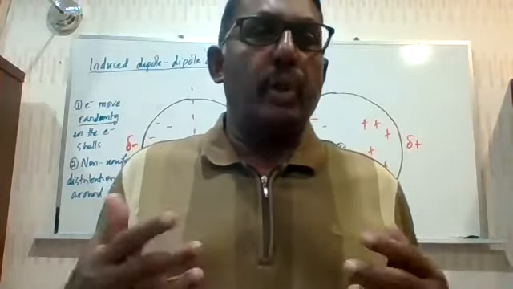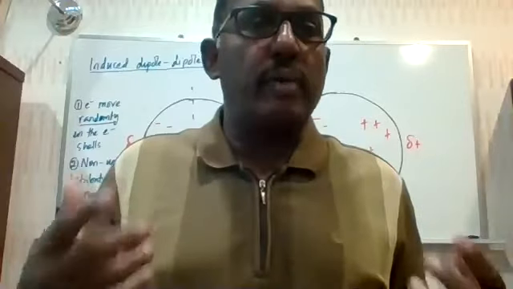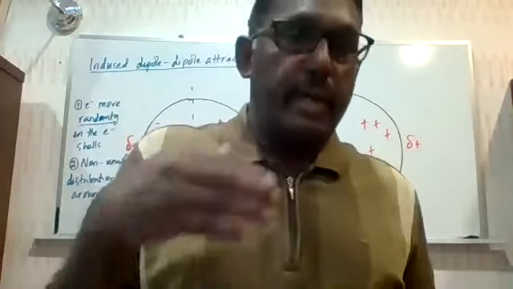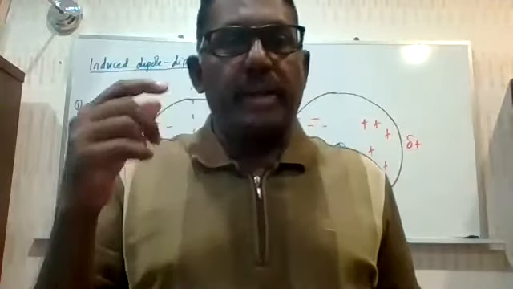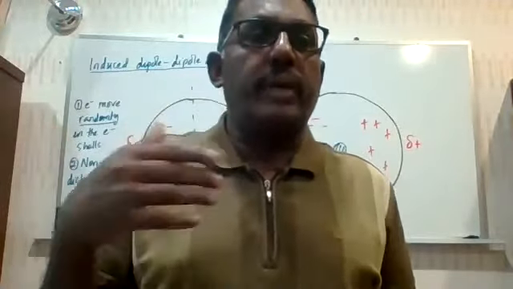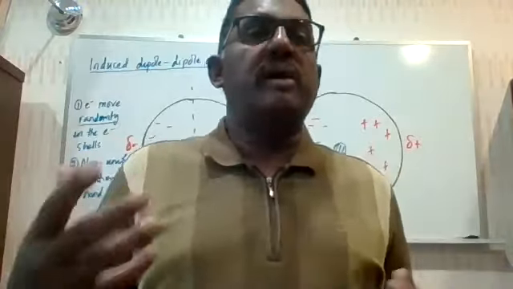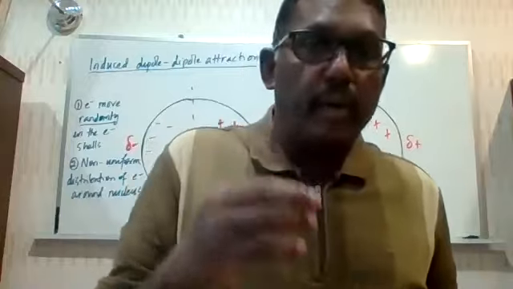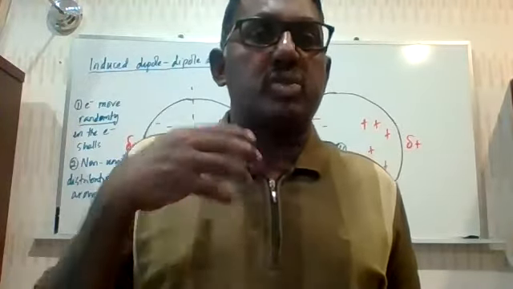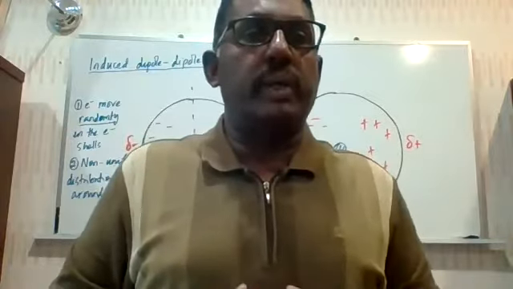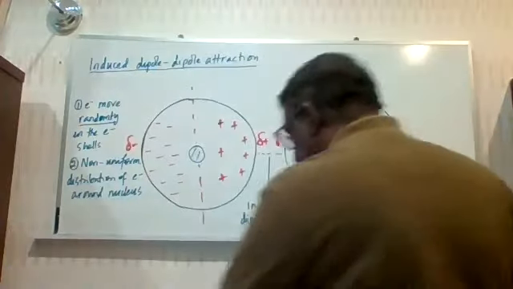The randomness or non-uniform movement of these students will be more pronounced if you have more students moving around you. Let's say now 50 students moving around you. Compared to 10 students, 50 students will give you a greater non-uniform distribution than 10. Therefore, we know the induced dipole-dipole attraction will be more strongly exhibited by atoms with more number of electrons per atom. So that's the main factor.